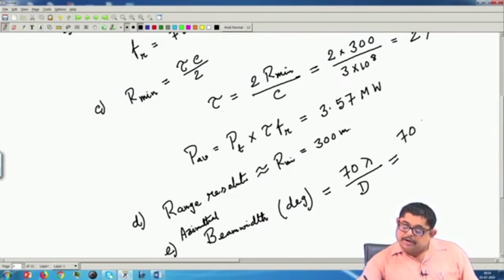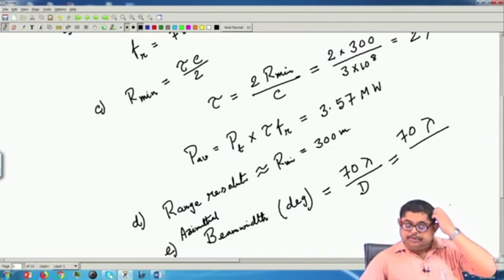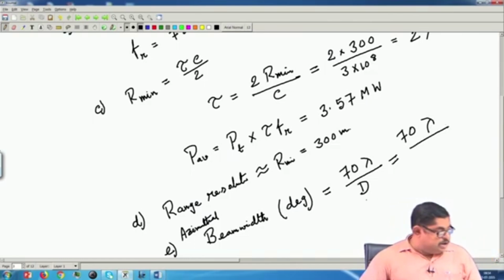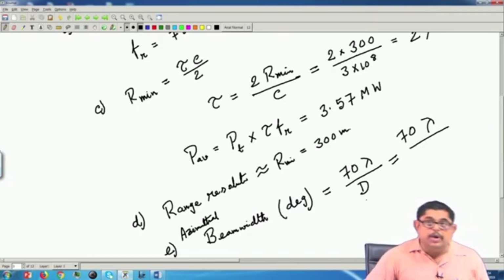In our case we know the value of lambda, and d is 12 meter.